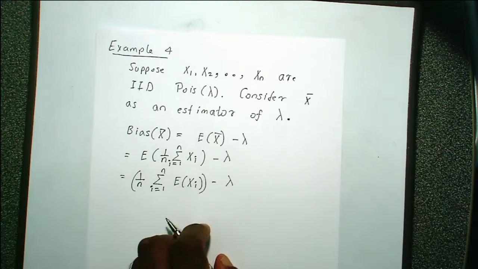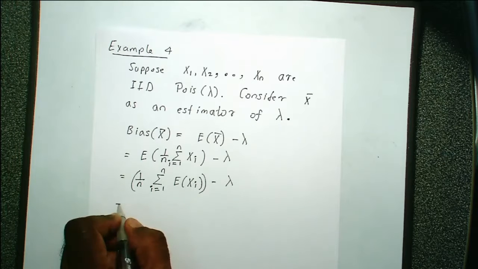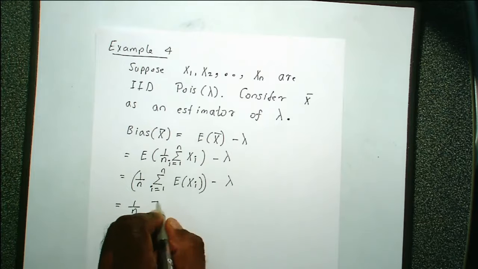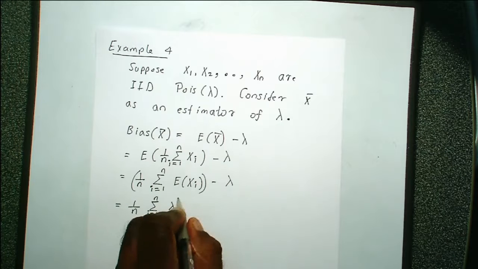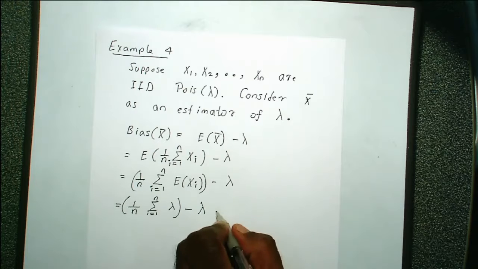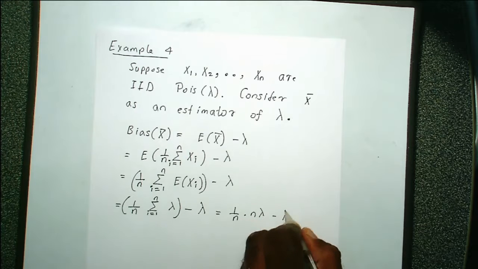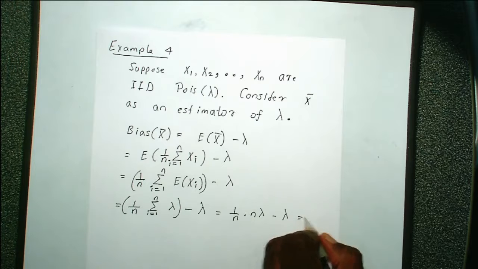Now let me ask you, check your memory: what's the expectation of xi for a Poisson variable? It is lambda, okay? So we get 1 over n times n lambda minus lambda, and this is 0.